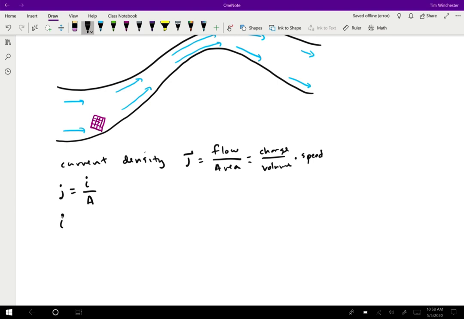So maybe we would calculate the total current by integrating the current density times dA. Okay, so for each little piece of the surface, how much of the current is going through that piece.